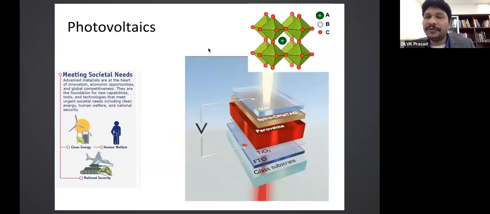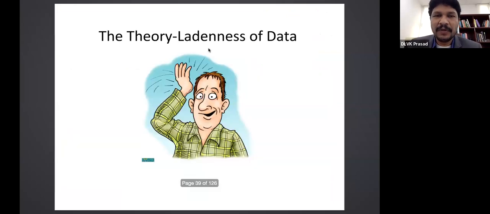Of course, one can also use these models to make better photovoltaics, like perovskites, for example, which some of you may be working on, but one can use these in silico techniques to make these materials as well. So those are a few examples, given with that little theoretical background in a rush.